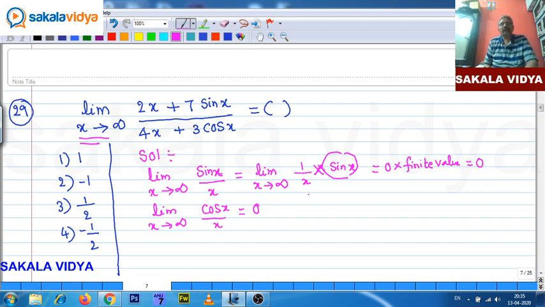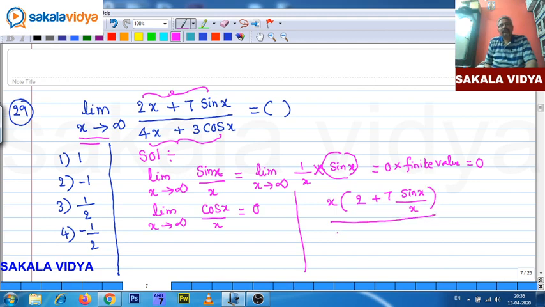Now let us come to the problem. Here solution: take x common out from the numerator, take x common out from the denominator. So we get like this, x is taken out, 2 plus 7 times sin x by x. In the similar manner, if you take x common from the denominator, we get 4 plus 3 cos x by x.